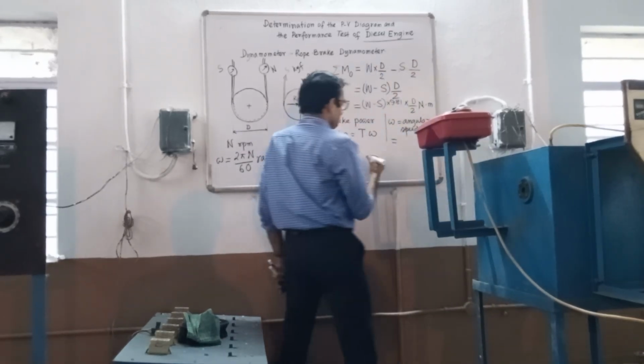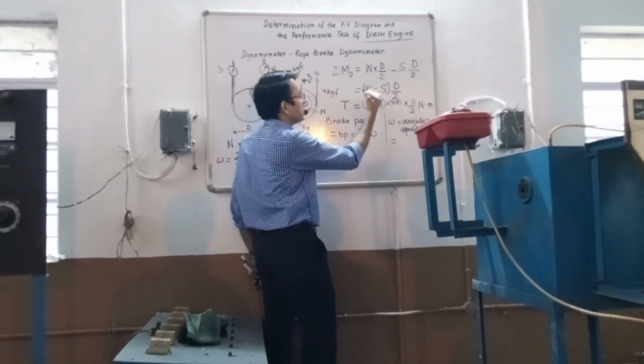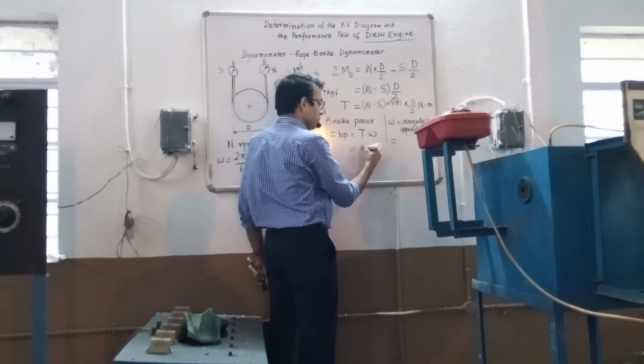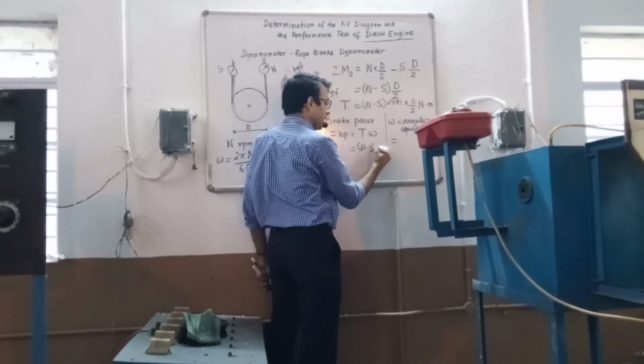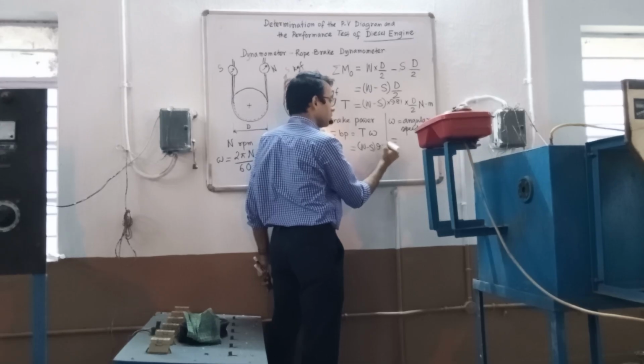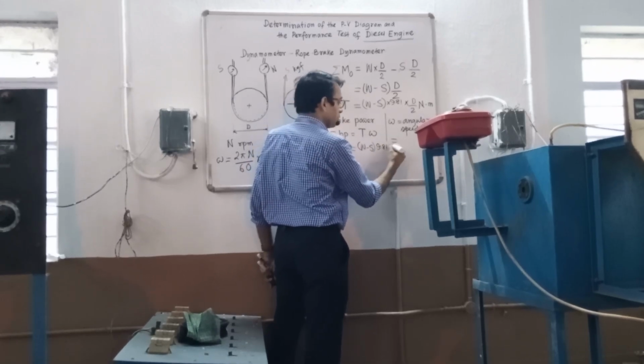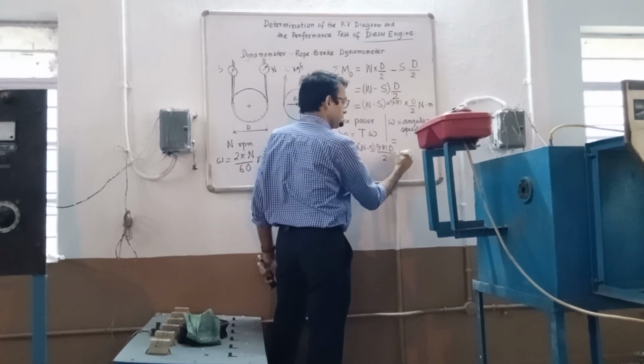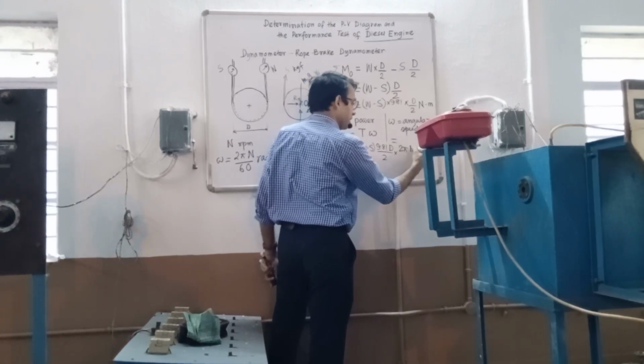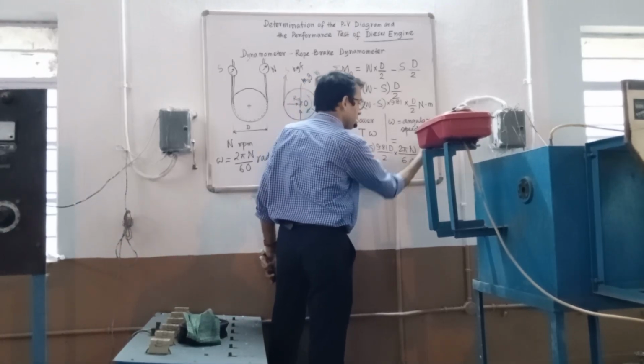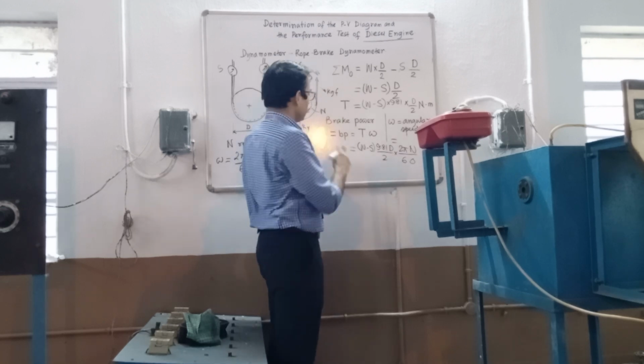Therefore we can write T into omega, which is W minus S into 9.81 into D by 2 into twice pi N by 60. What is the unit of brake power?